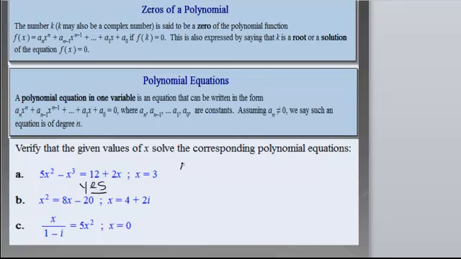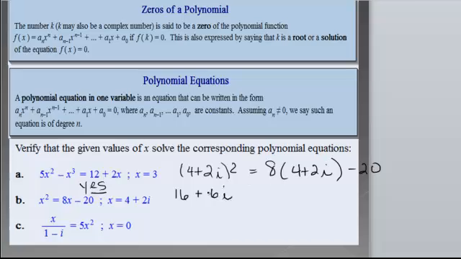So then we would have 4 plus 2i all squared is equal to 8 times 4 plus 2i minus 20. 4 plus 2i squared, that's going to be 16 plus 16i plus 4i squared equals, distribute your 8, so 32 plus 16i minus 20.